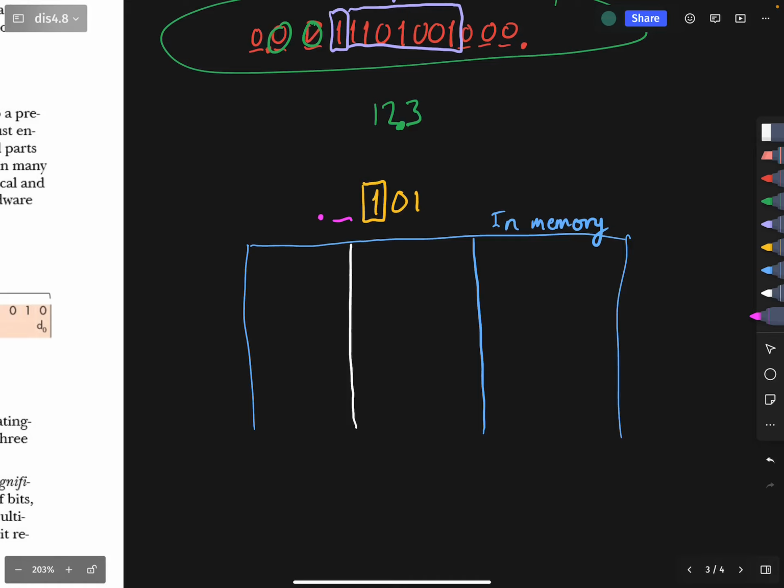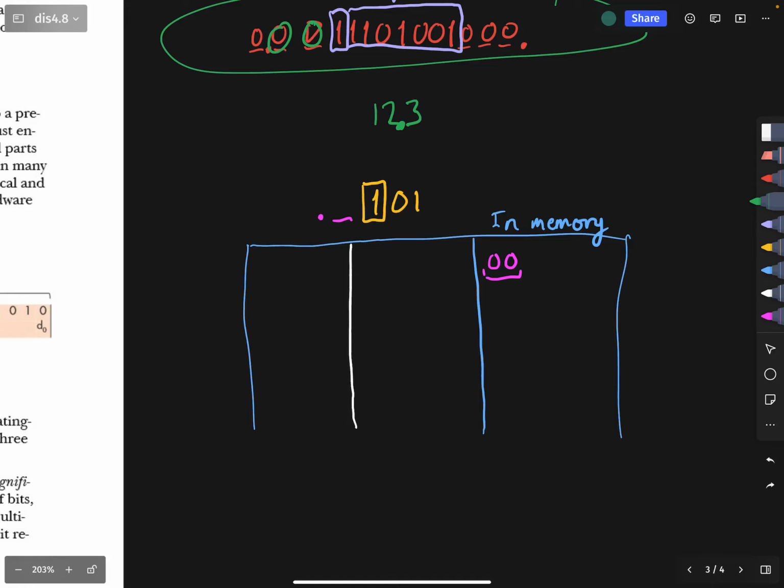So if in memory what I write is 0, 0, these are going to be 2 bits that I reserve for myself to control the location of the binary point. So 0, 0 is telling me that I just put the binary point in its standard location, which we will just agree is 4 digits to the left, basically.